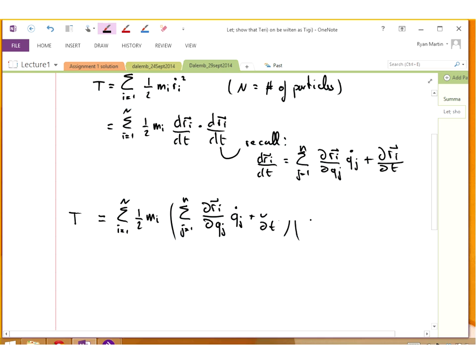It's multiplied by a second sum, so we have to change the index, so let's just call it k, from k equals 1 to n, dri by dqk, qk dot, plus dri by dt. Alright?